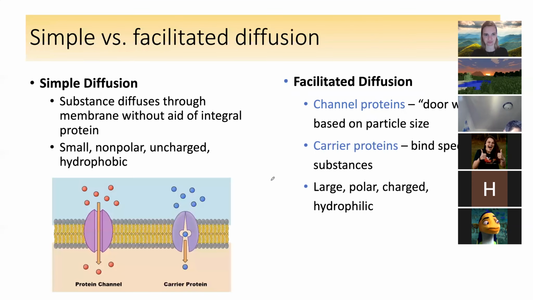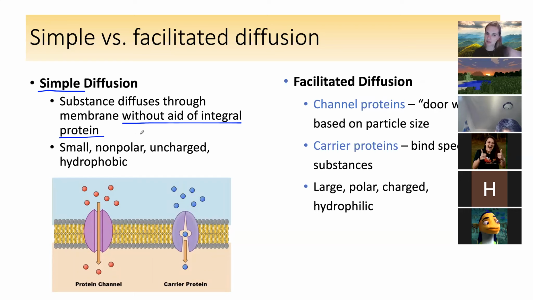Good job. All right. So we've talked about simple diffusion, which was the image I just showed with the oxygen molecules coming right through that phospholipid membrane. So we're going to define that as simple diffusion. They don't need a protein to help them.